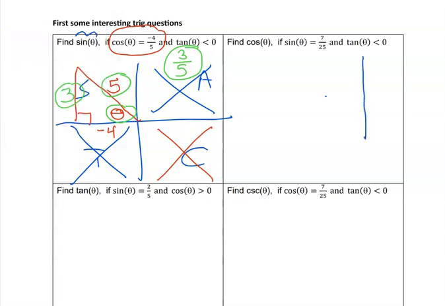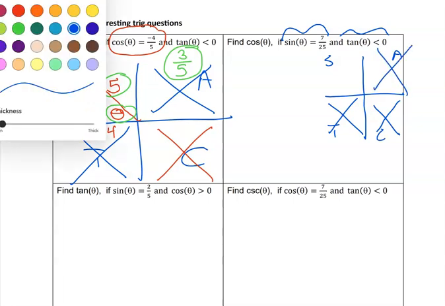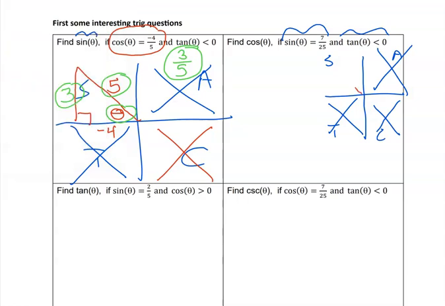Okay, let's try another one. Over here, we again know all science teachers cry. We're told that the sine is positive, so I know sine cannot be here. We're also told that tangent is negative, so again, we're going to be in that second quadrant right over here.